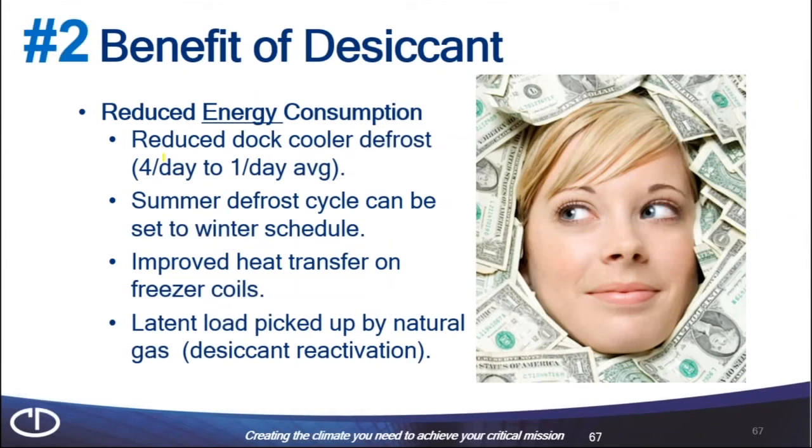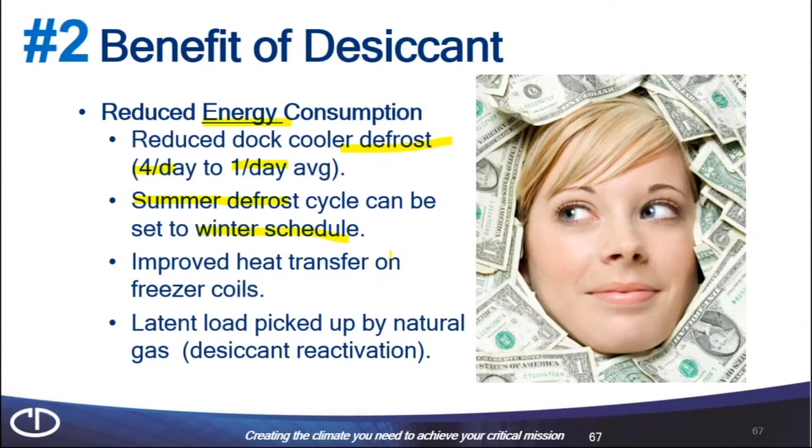Again, by defrost, we can do significant reduction in defrost from 4 a day to 1 a day or something like that. Or you can think of it this way. Instead of having your summer defrost cycles, now you're going to have a winter defrost cycle. So you can get into, again, a significantly longer time between defrosts.